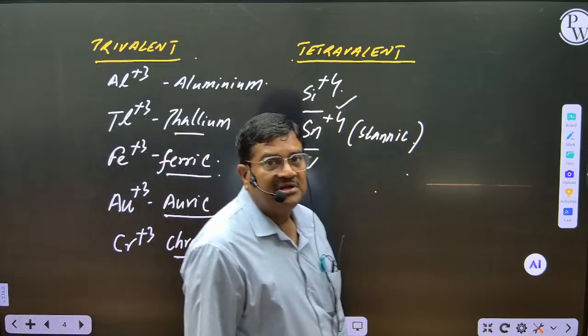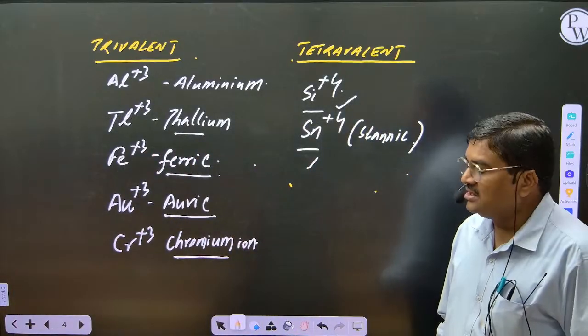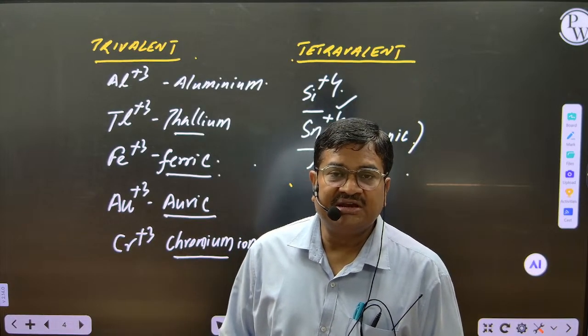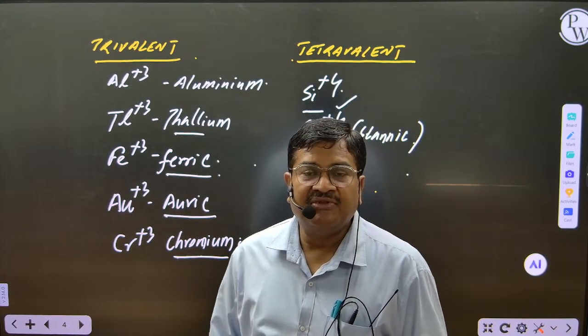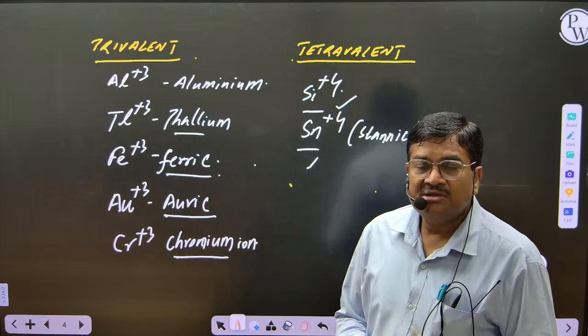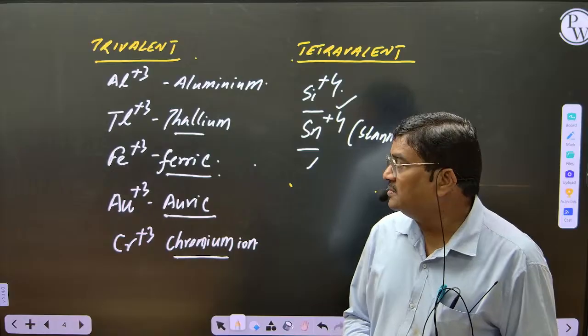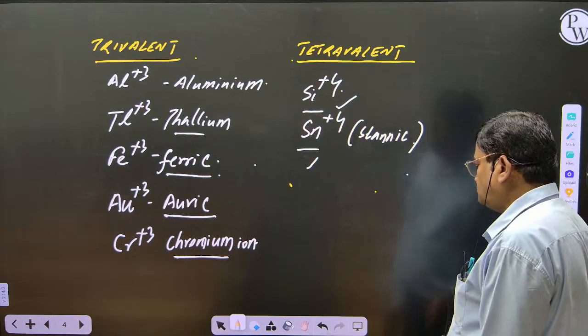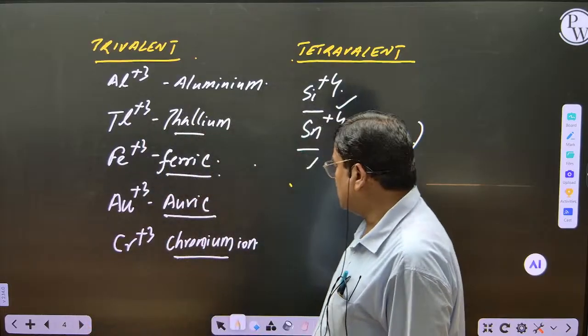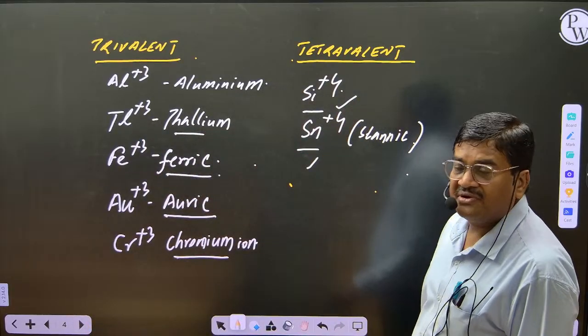So these are anions and cations. Now from this we can write the formula of the compound. In exam they ask you the formula of a compound, which can be written from anion and cation by the crisscross method. So write the heading: writing the formula of a compound by the crisscross method.